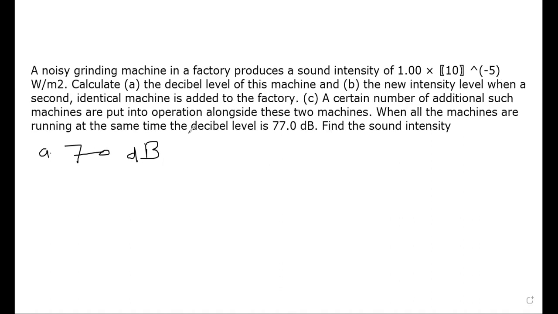So the first machine was functioning at this rate. They now decided to bring another machine.